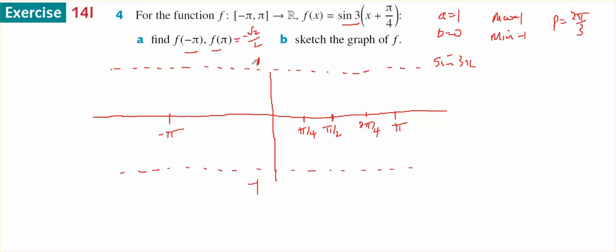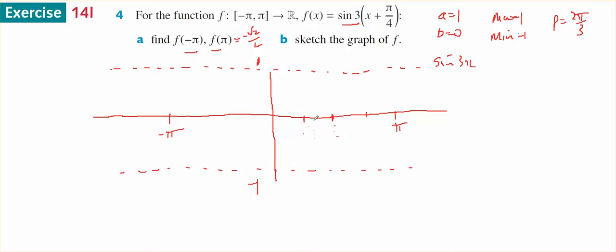Now, this particular curve actually doesn't have a period of pi. It's got a period of 2 pi on 3. So I need to mark 2/3.